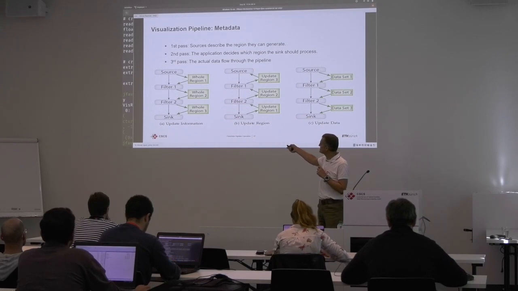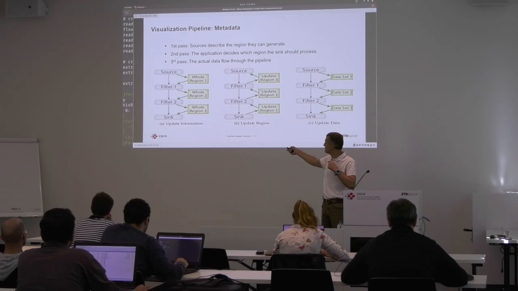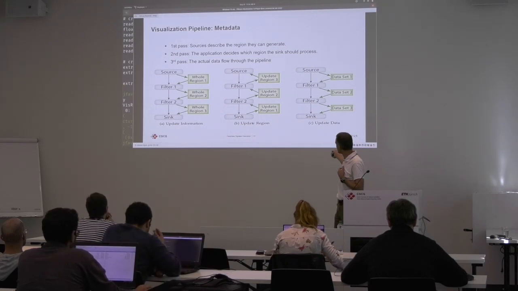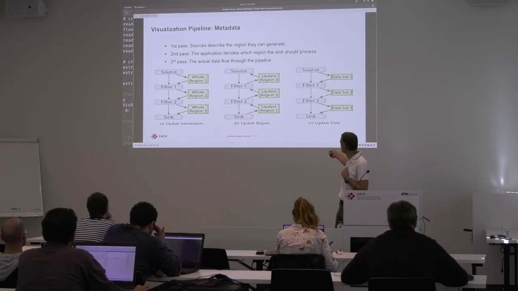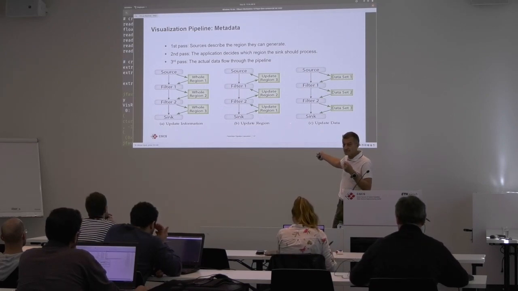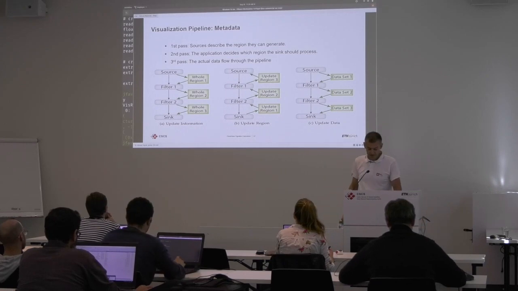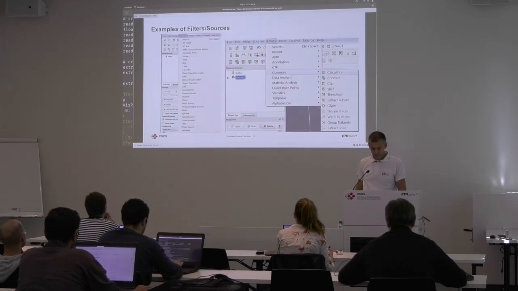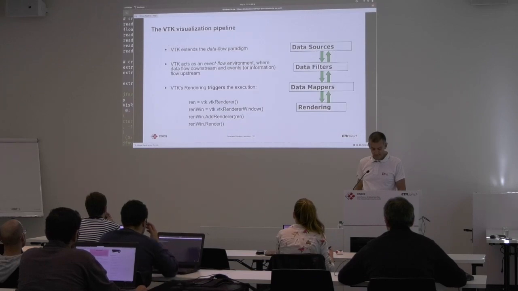Then the slice here, for example, says, I want slice number 512. This goes up. And then finally, the sink says, I want an image. So I trigger the execution, and the data goes down. If it's in parallel, it works the same way. And that's where we are.